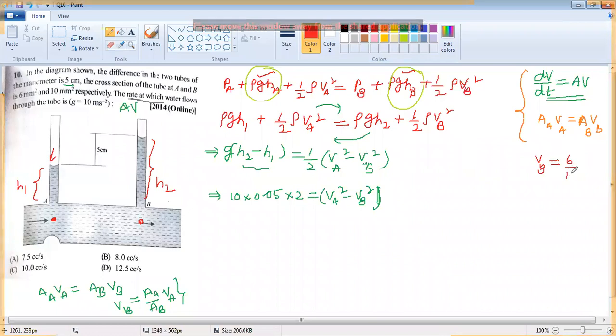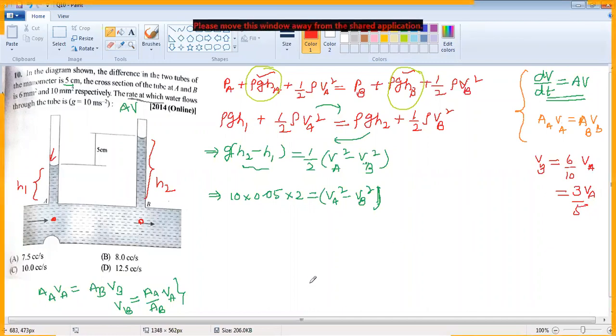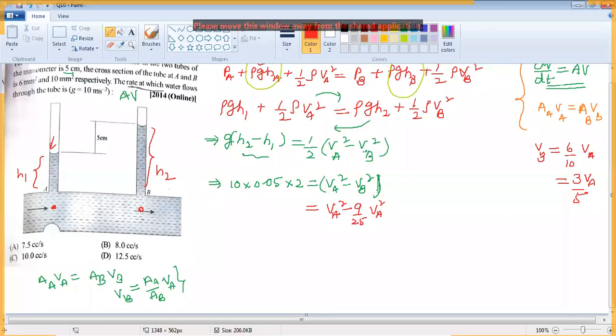Then 6 by 10 into velocity at A. 6 by 10 is nothing but 3 by 5. So 3 VA by 5. So VA square minus VB square is nothing but 9 by 25 VA square.